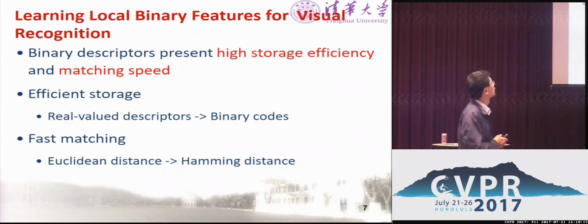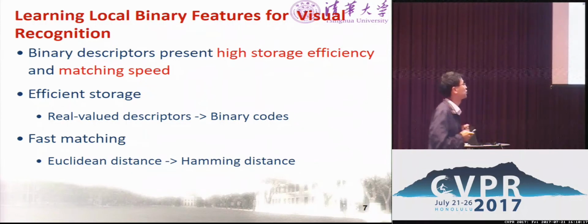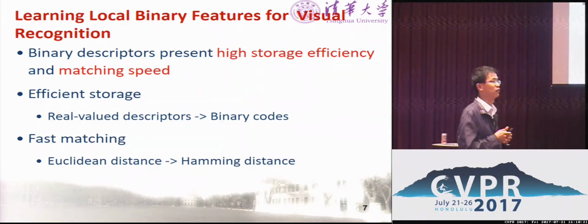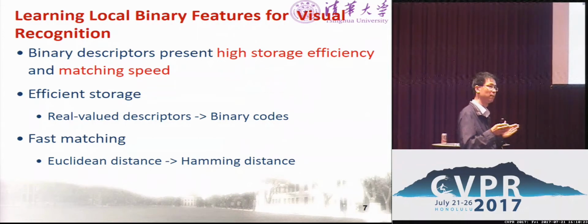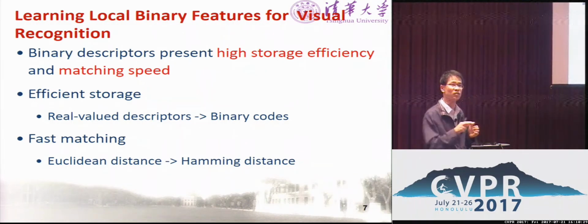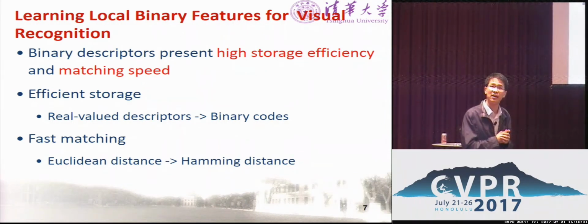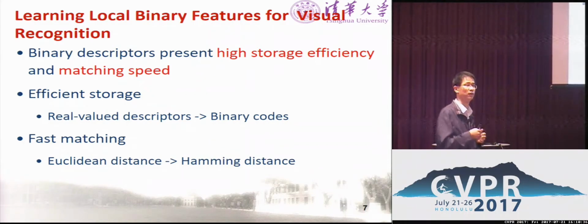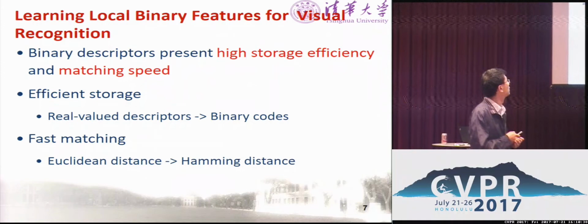Binary feature representations usually have two advantages. One is high storage efficiency, because binary features save more space to store the feature representations. The second one is the matching speed, which is usually faster than with real-valued features. So that's the reason why binary feature representation is popular in this area.